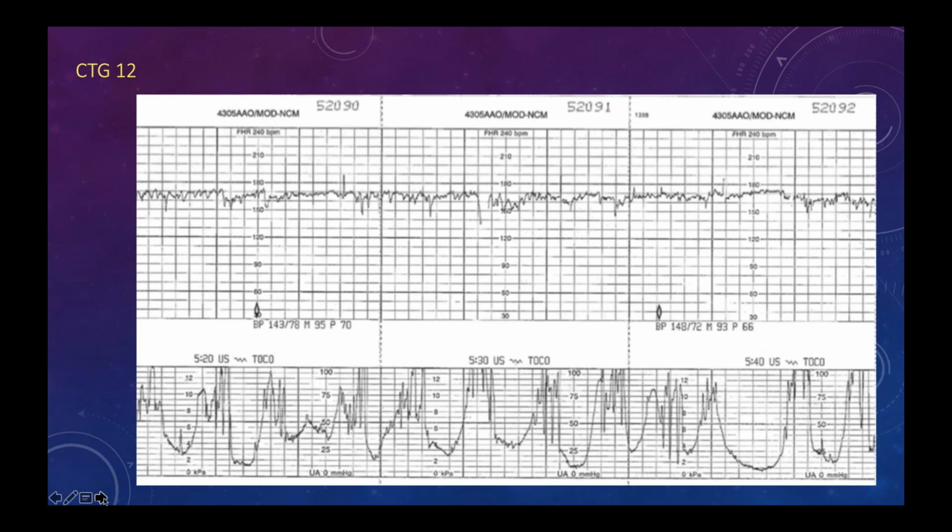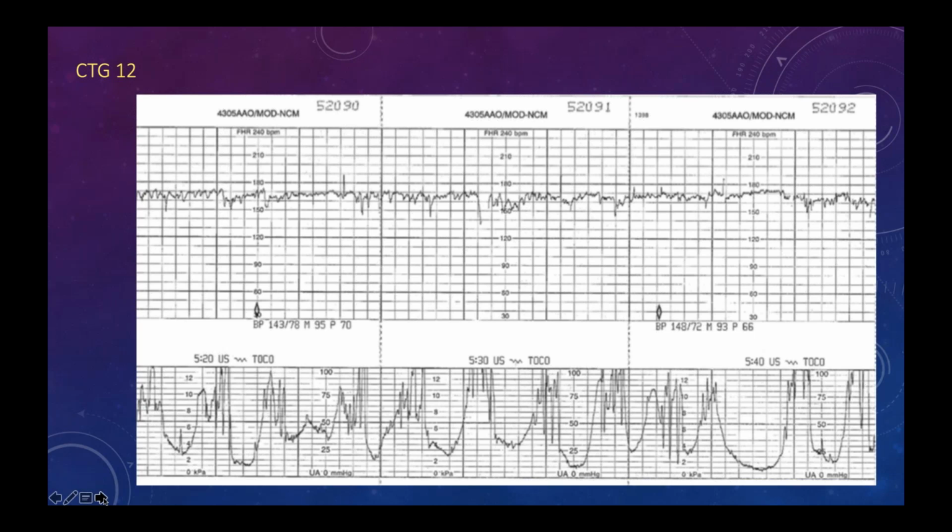So this is a CTG of a woman. The number of contractions in 10 minutes are 1, 2, 3, 4. Around 4 contractions in 10 minutes, and some of the contractions are more than 60 seconds.